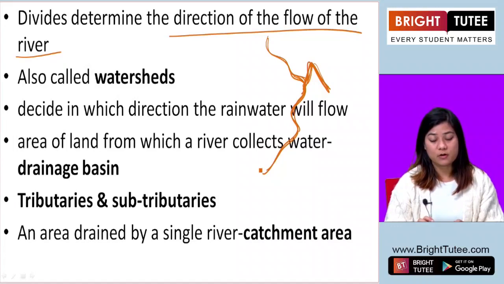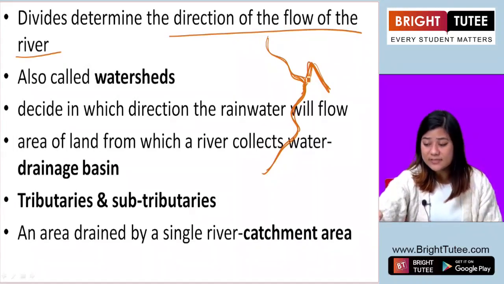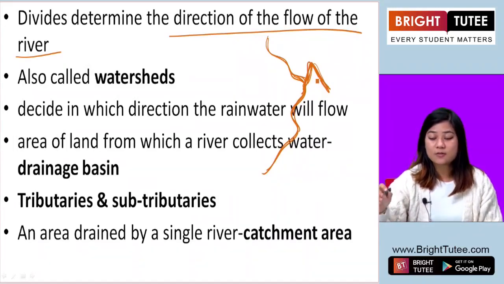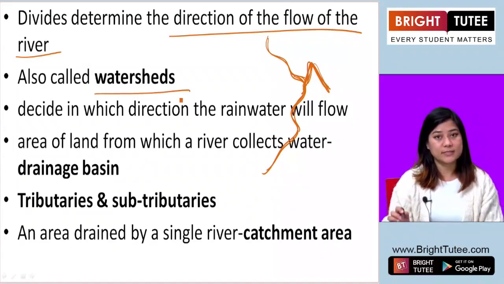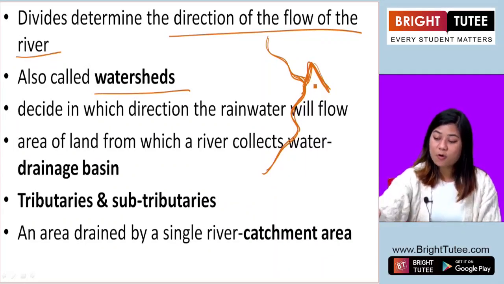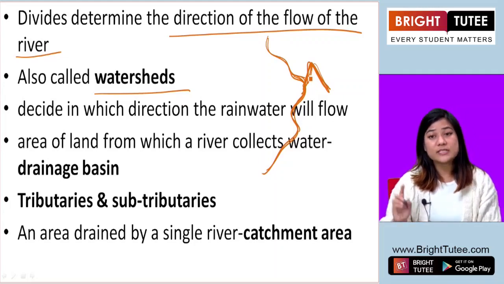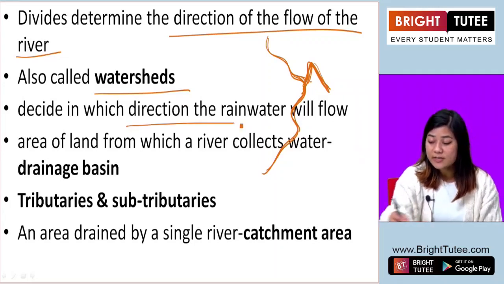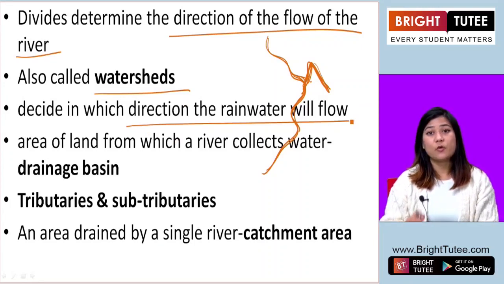So this acts as a water divide and it is influencing the flow or the direction of the river. Now this water divide is also called a watershed, and it also decides in which direction the rainwater will flow.